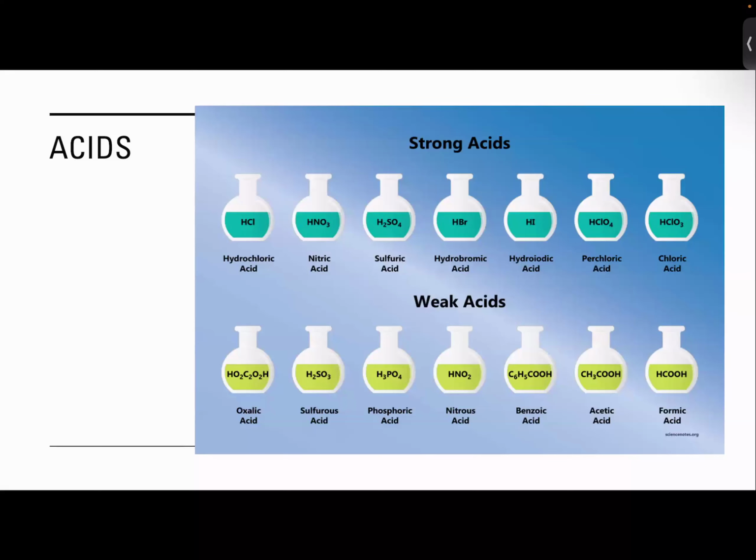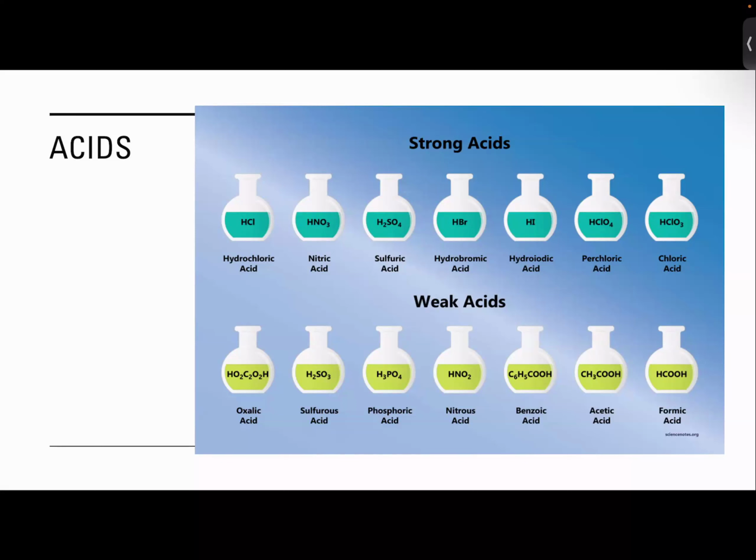So how do you know who the acids are? Who's a strong acid? Who's a weak acid? There are 7 strong acids that you must memorize. They are hydrochloric, hydrobromic, and hydroiodic acid. In other words, they are the 3 middle halides on the periodic table.